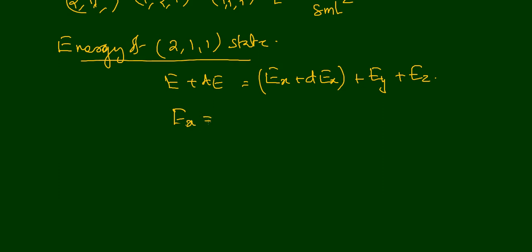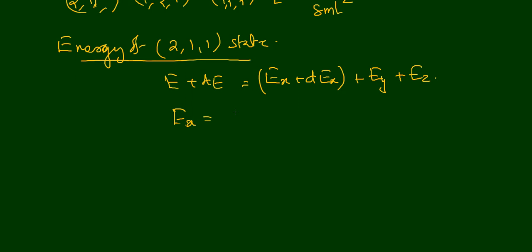And what is Ex? Ex is equal to 4h² divided by 8ml², because we have the expression for Ex, Ey and Ez that we got from the particle in the rectangular box. There we have Ex is equal to nx² h² divided by 8ml².